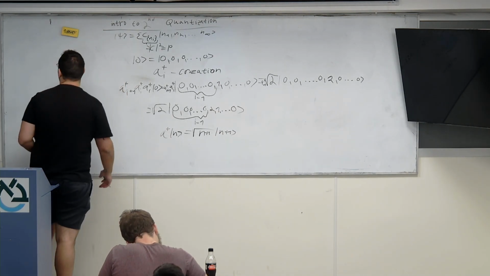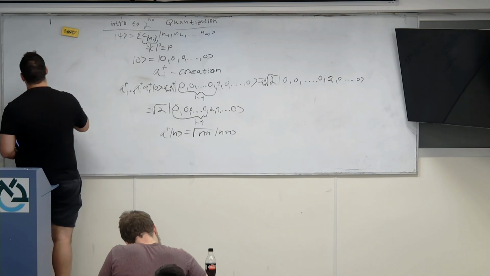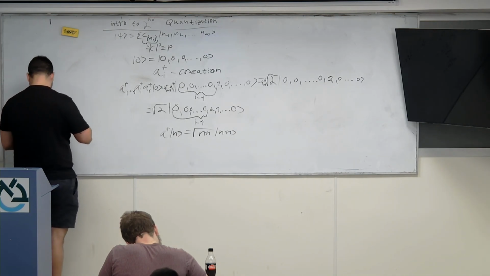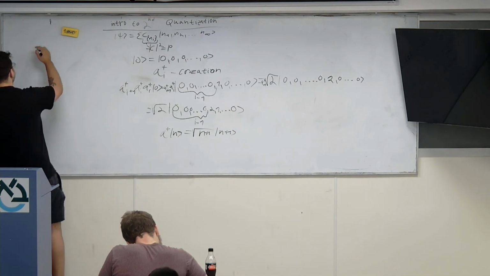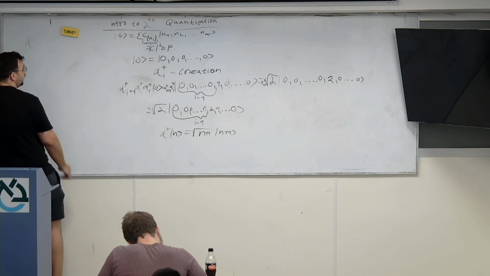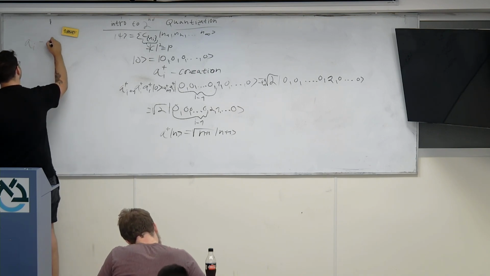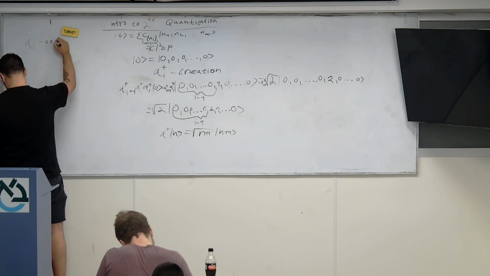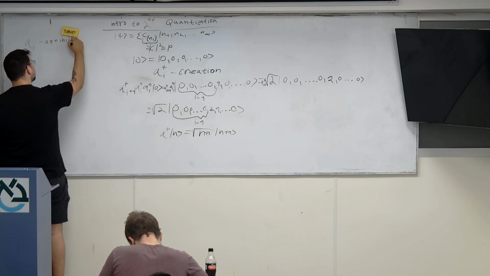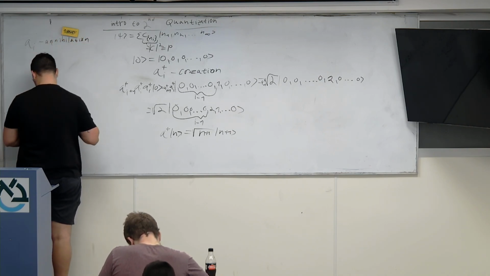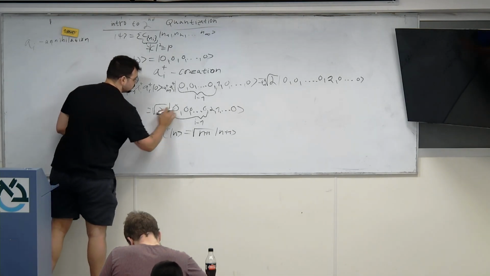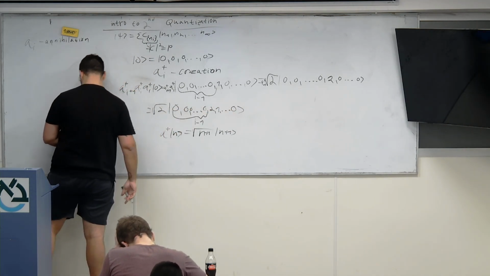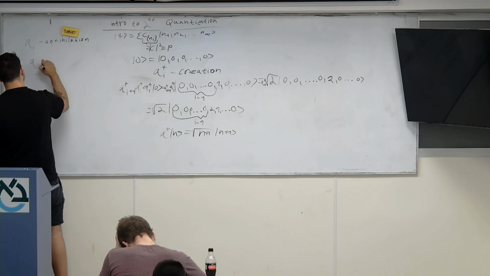Now the annihilation operator. I'll do it a bit shorter because it's almost the same. Alright, now a without a dagger. Let's take this state again, without the square root of 2, for simplicity.